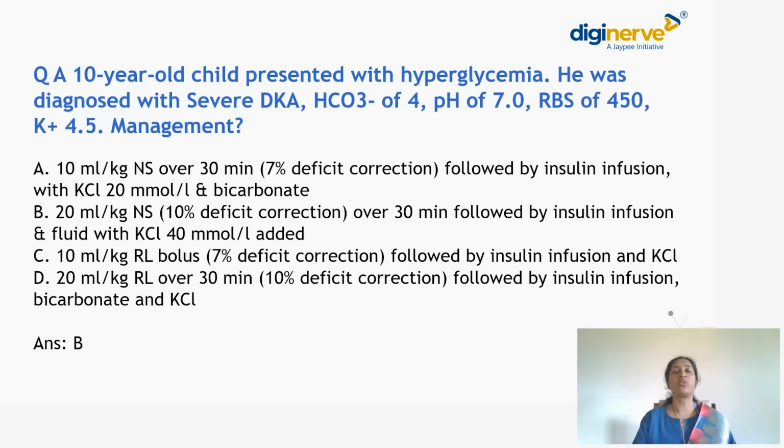We use bicarbonate in inborn metabolic errors where the child has severe lactic acidosis and the bicarb is very low. Yes, as a life-saving measure, we do use it. But in diabetic ketoacidosis, the minute you start insulin, the child tends to recover. So I've selected the option without bicarbonate. Fluid, always the larger amount, 20 ml per kg. Choice of fluid, normal saline.